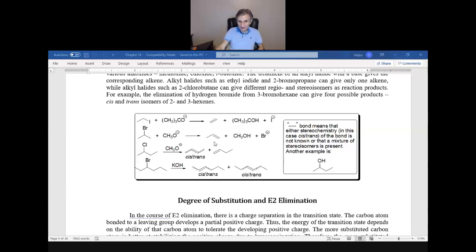So in this case, we have three possible isomers. In elimination of 3-bromohexane, 4 possible isomers could form. 2 regioisomers, 2- and 3-hexenes, and each of them could be a cis or trans isomer. And by the way, this wavy line is also commonly used to designate a chirality center if we have a mixture of enantiomers, or if we don't know whether this is R or S.